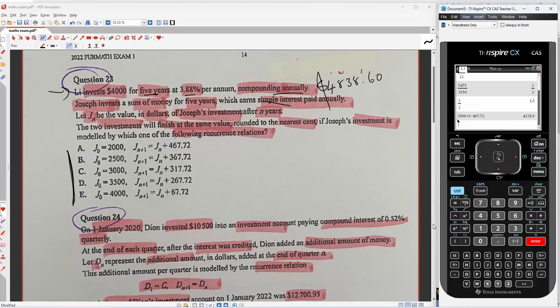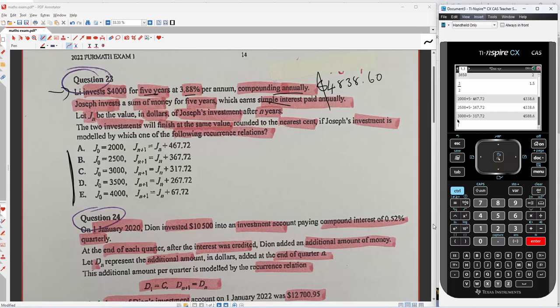And that's it, is it? No. No, way too low. Alright, so let's just change that to 2,500 plus 5 times 367.72. It's the same amount. Alright, so no, let's do 3,000 plus 5 times 317.72.